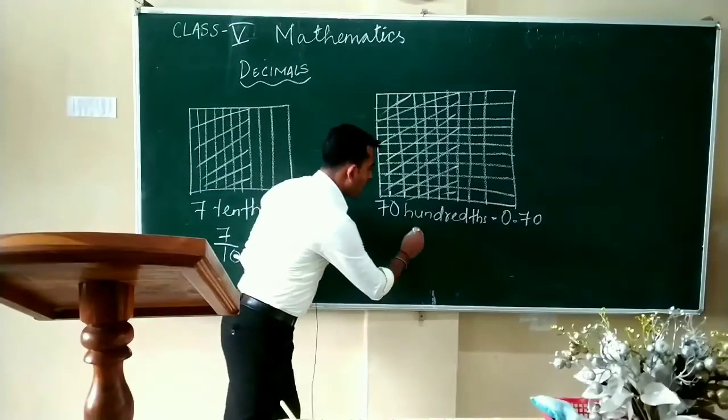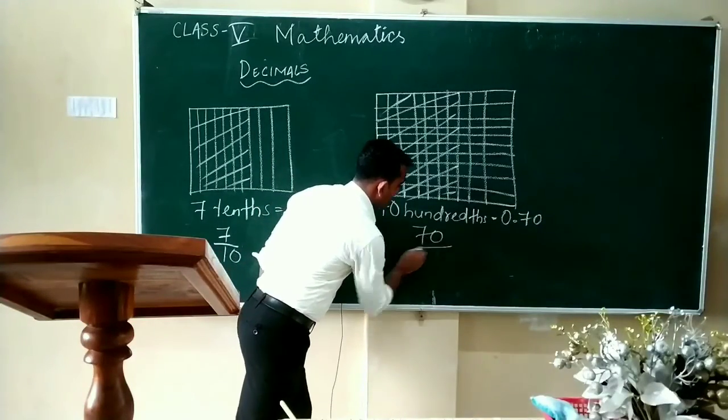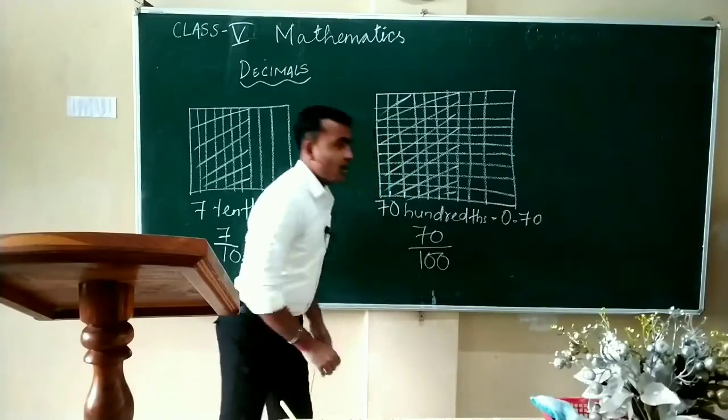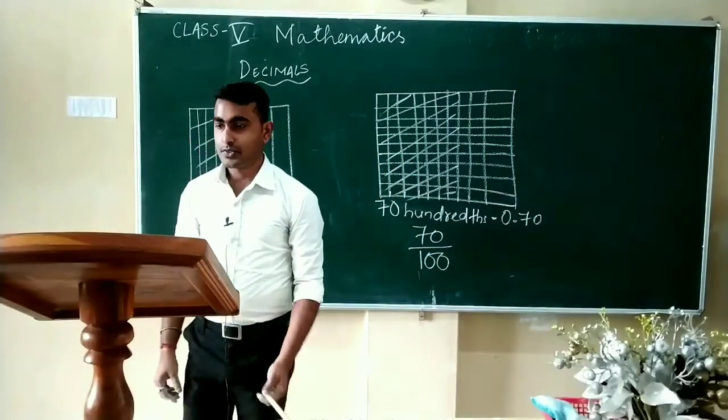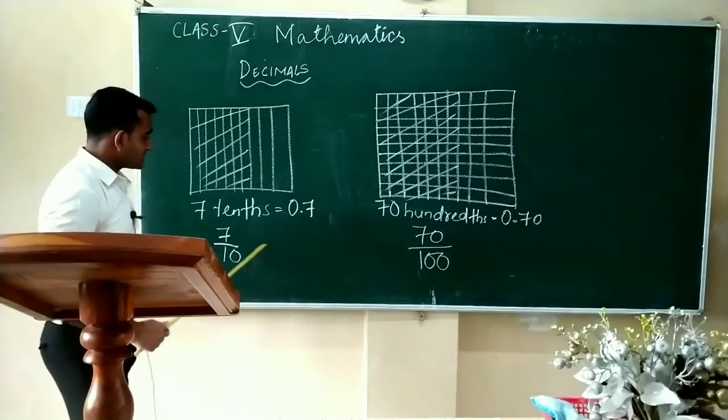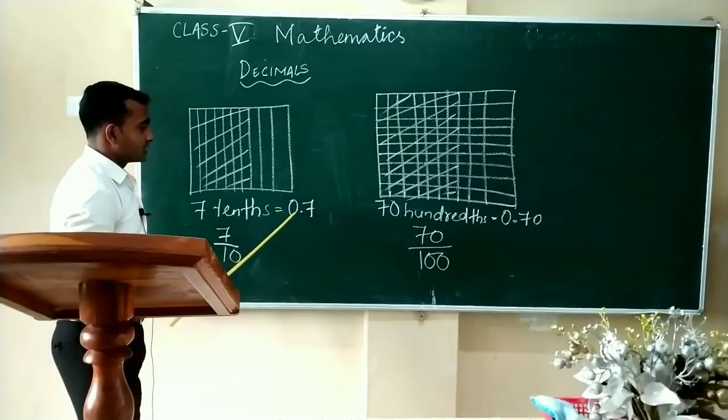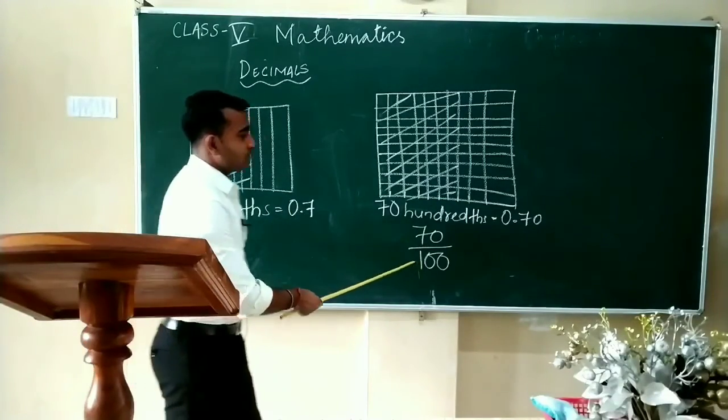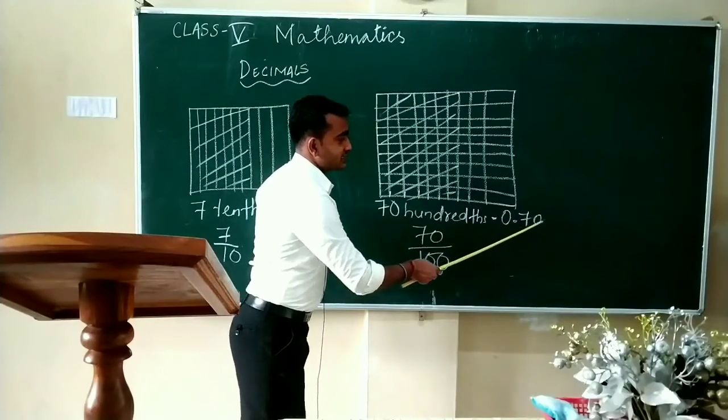And 70 by 100 is written as 70 by 100. In decimals, this can be written as 0.7, and this can be written as 0.70.